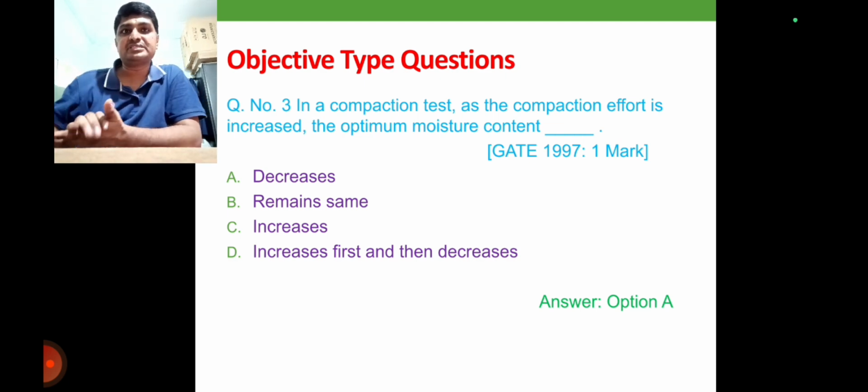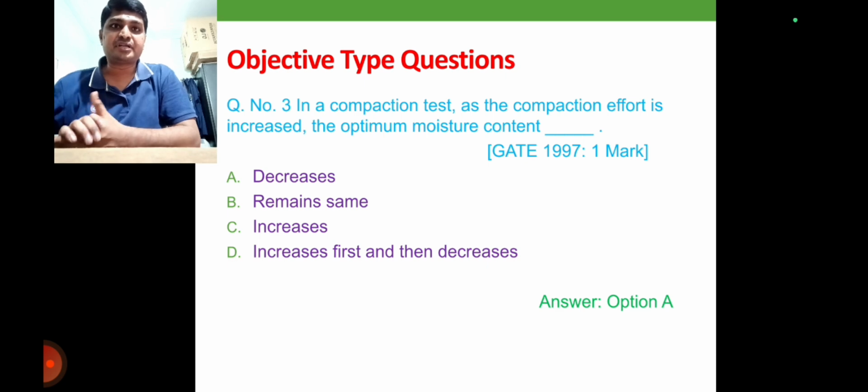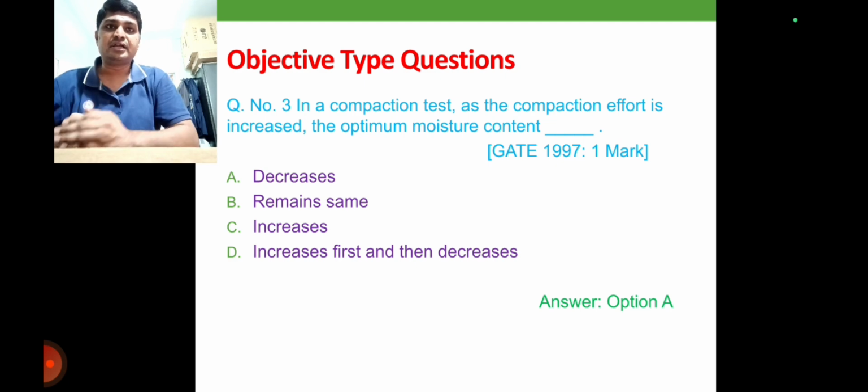Only one thing: wherever the optimum moisture content is reached, the soil has maximum dry density, and then a fall in the optimum moisture content takes place as compaction effort increases. There is no further use because the optimum moisture content is reached, and beyond the optimum moisture content the soil becomes saturated. No other compaction takes place. That is the way the compaction effort increases.